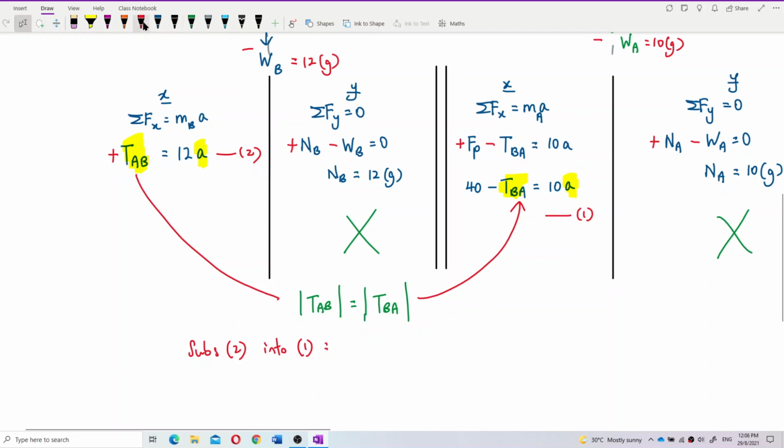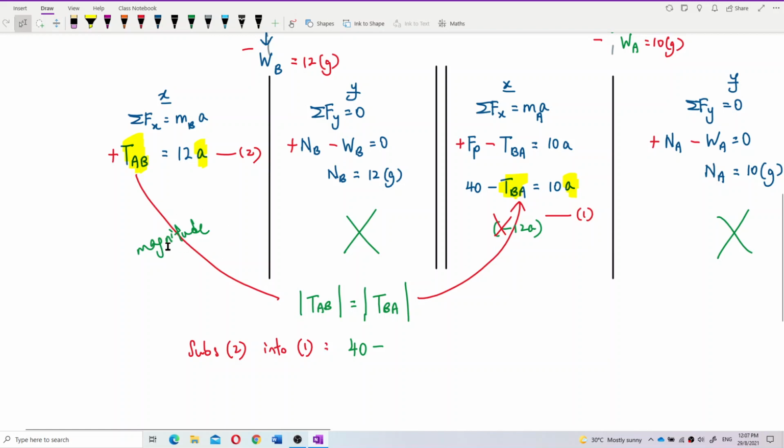So let's continue. We have 40 minus TAB. No need to put a negative sign, because this one just considers the magnitude only. Don't substitute negative 12A. No negative sign, because TAB and TBA are opposite directions, and the negative sign is already in front.